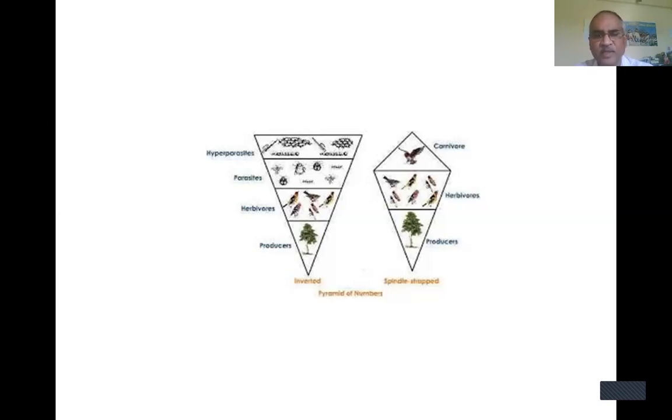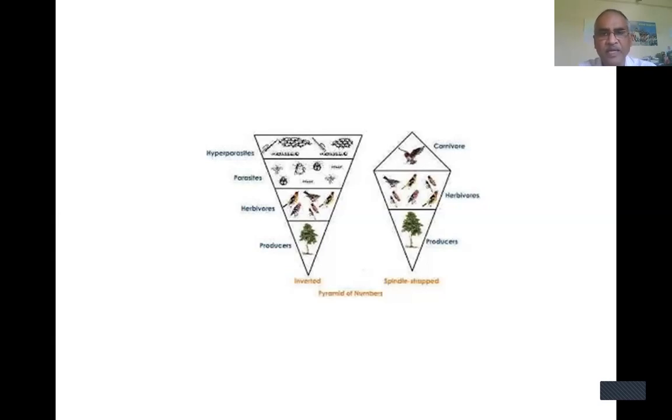So small birds are eaten by big birds like eagle. So the number of eagles that we see are less, whereas small birds are big in number. But the number of trees again is smaller. So that's why this pyramid takes spindle shape. So bottom and tip are narrow, and in the middle it is wider.